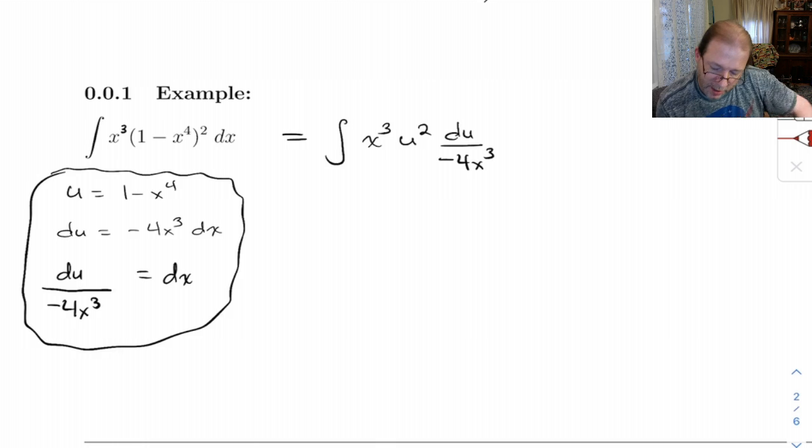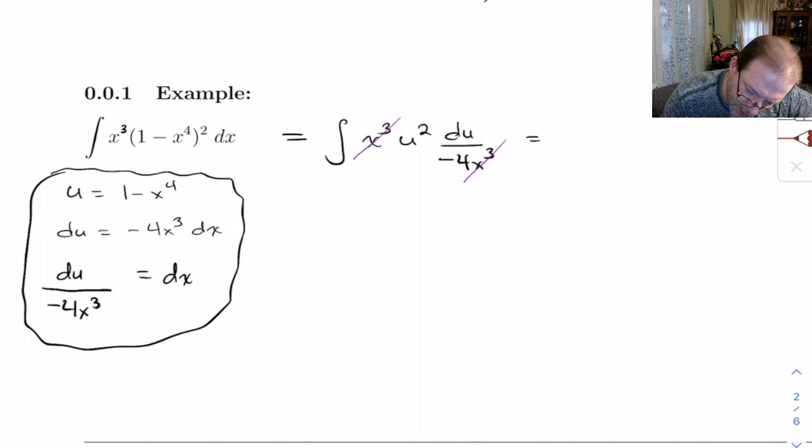All right, now that I've done that, I can cancel some x's, x cubed and x cubed. So what I'm left with is integral of negative 1/4 u squared du.